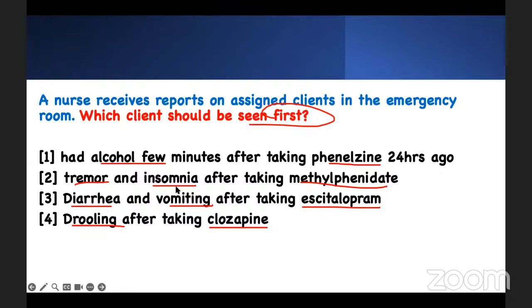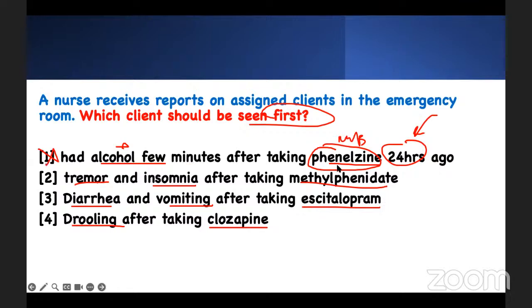Five questions. Thought-provoking, stimulating for your mind. Adapting class will be out, but I will explain it to you. This is bad: these MAOIs, right? You should not be drinking, right? But it's 24 hours. If you're going to be sick, you'll be sick by now. So don't pick number 1.